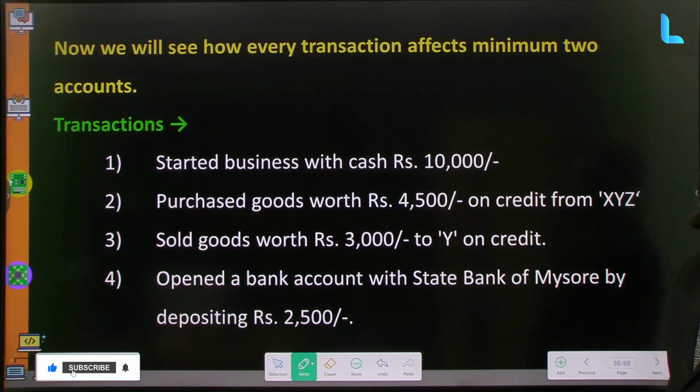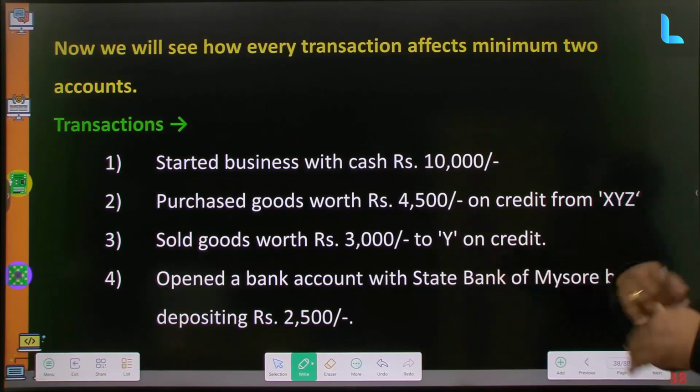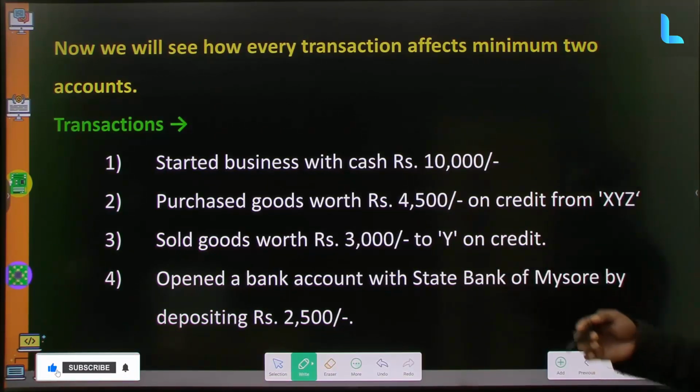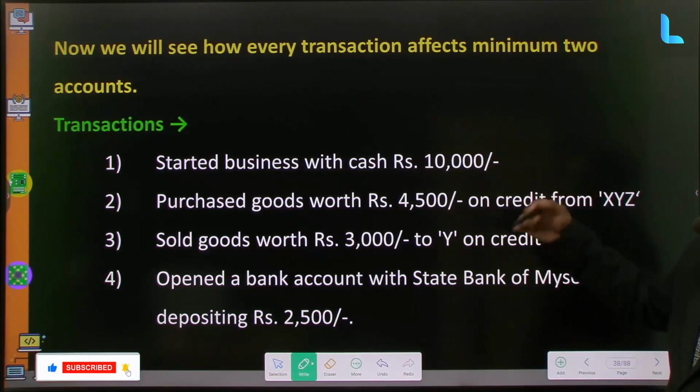So now let us see how transactions affect the accounts. Any simple transaction you take will affect two sides, that is the debit aspect and the credit aspect. So here is an example. You can notice here the example involves these transactions, which I will try to explain to make you understand how the transaction goes.